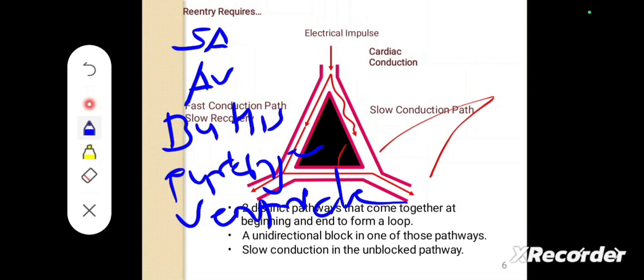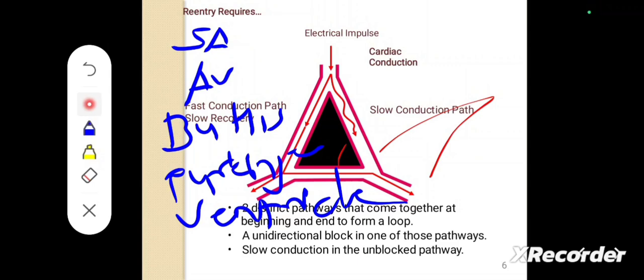So the normal sequence of electrical impulse conduction is that the electrical impulse starts in the SA node and is conducted through the AV node, the bundle of His, and the Purkinje fibers, and reaches the ventricle. So this is the normal unidirectional flow. What happens in case of re-entry?